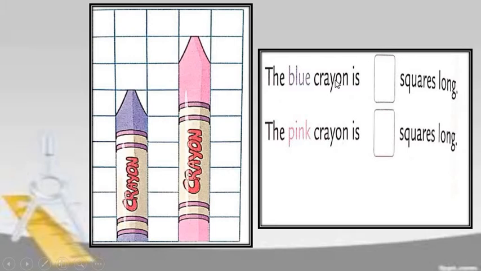The blue crayon is dash squares long. 1, 2, 3, 4, 5, 6. The blue crayon is 6 squares long. Everyone, copy this in your notebook.